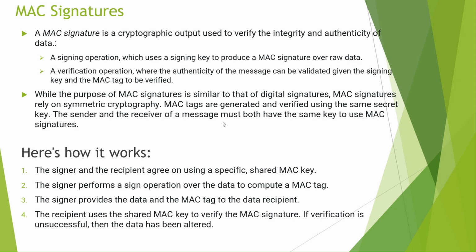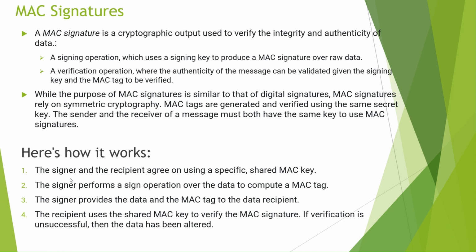So how does it work? First, the signer and the recipient agree on a specific shared MAC key. Either the sender or receiver will create a key in Cloud KMS. After that, the signer performs a sign operation over the data to compute a MAC tag. They will run a command and a MAC tag will be generated. After that, the signer will provide the data and the MAC tag to the data recipient.